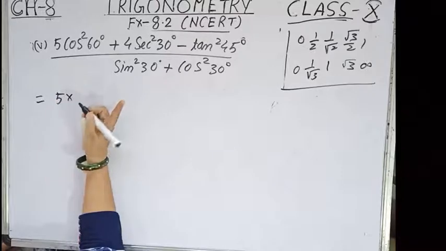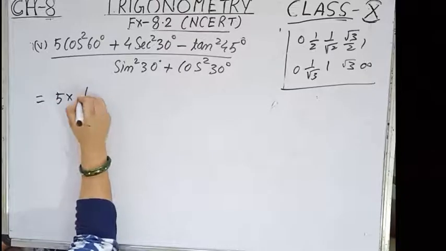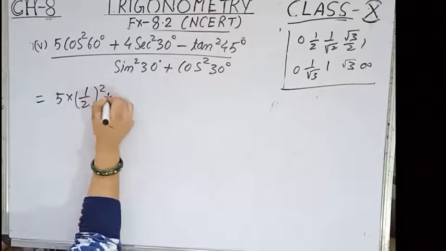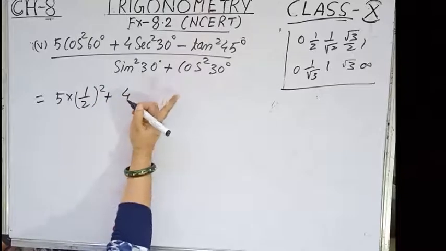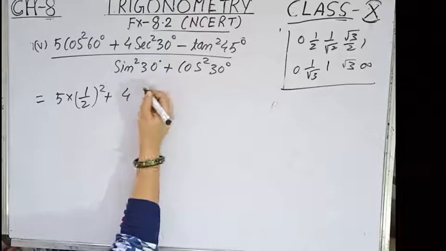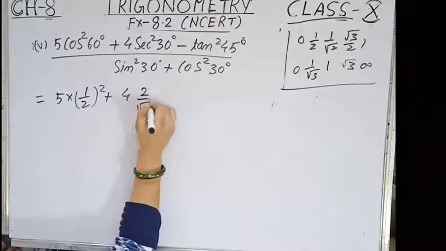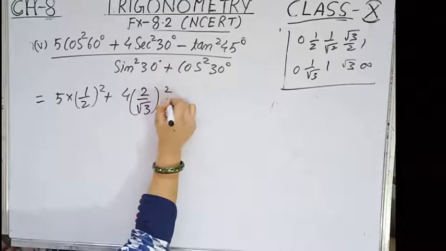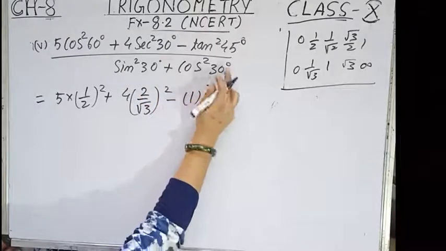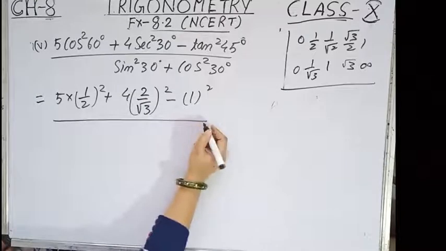5. Now cos 60 is 1 by 2, so 1 by 2 whole square plus 4 sec 30. Cos 30 is root 3 by 2, so sec 30 is 2 by root 3. So 2 by root 3 whole square minus 1 square, tan 45 is 1, divided by sin 30.